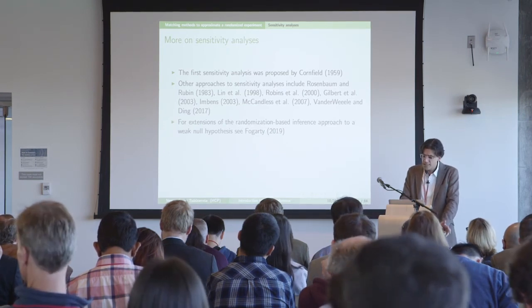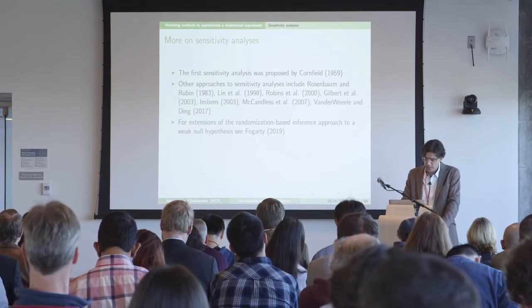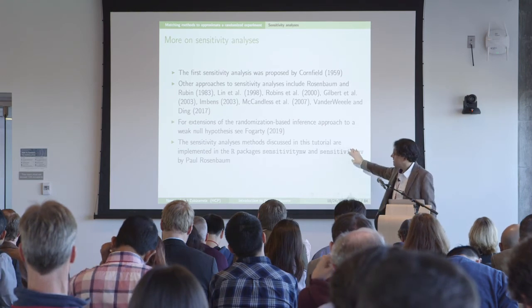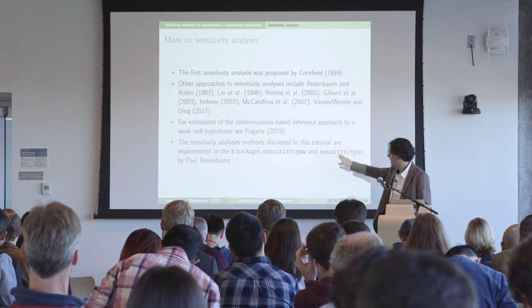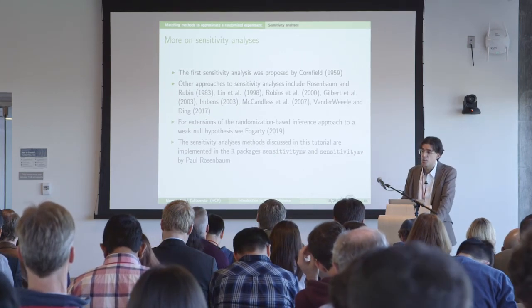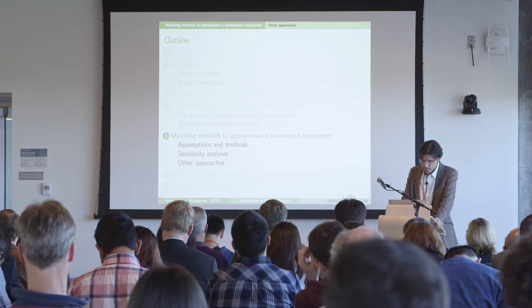There are extensions of this sensitivity analysis to weak nulls, and there's a very nice paper by Colin Fogarty forthcoming in JASA. And all these sensitivity analysis methods that we have discussed today are implemented in these two R packages by Paul Rosenbaum, which you can download through CRAN. All right.